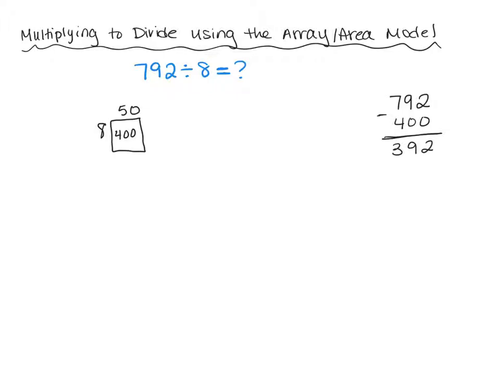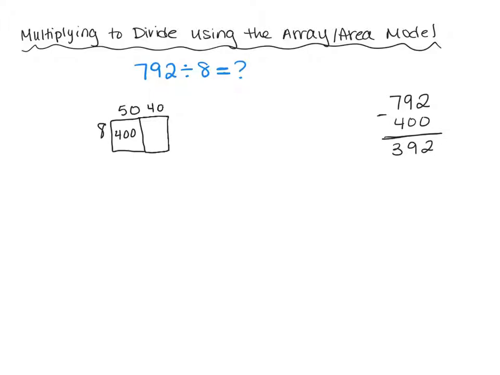Now, figure out how many groups of 8 you can use now to get as close to 392 of your total area as possible. I'm going to go with 40 groups of 8.